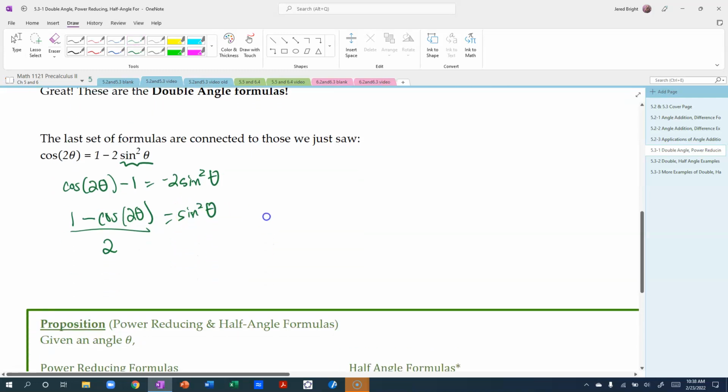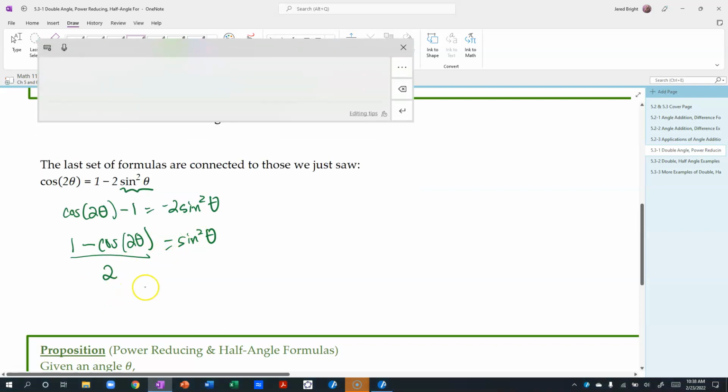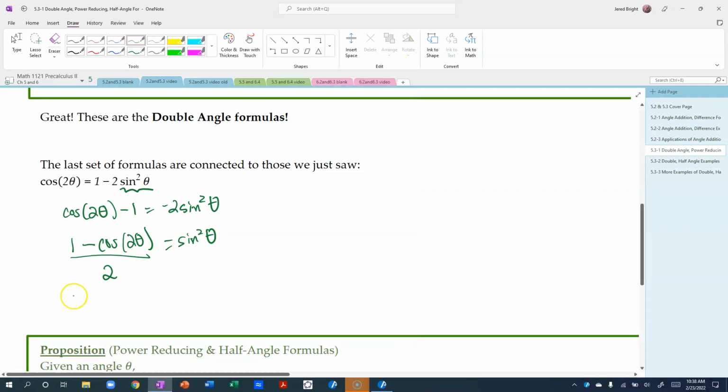And maybe I just want to solve for sine, and if I do that, I'd have to do a square root, so I'd say plus and minus, 1 minus cosine 2 theta all over 2 is equal to sine theta. So this gives us a nice way to relate an angle with twice its angle.